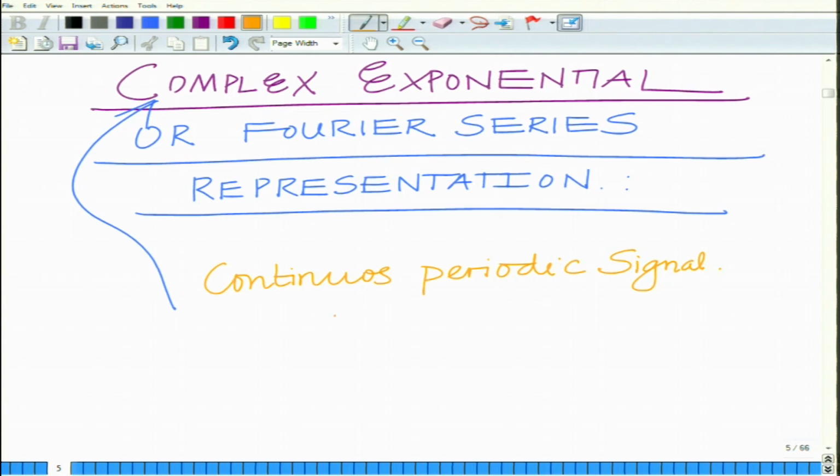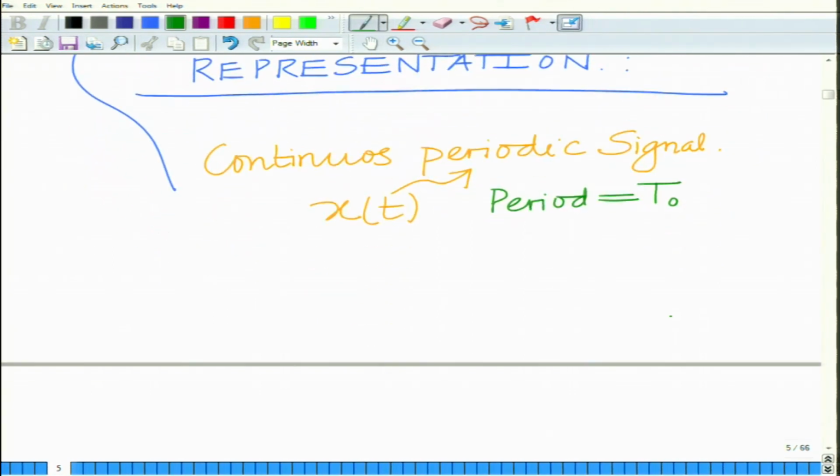So this is defined for a signal x(t) which is continuous and periodic, and let us say the period equals T naught. Let us also call this the fundamental period. The fundamental period equals T naught. So, we have a periodic signal x(t) with fundamental period T naught.